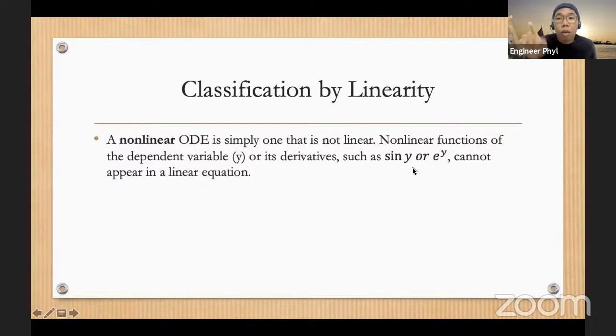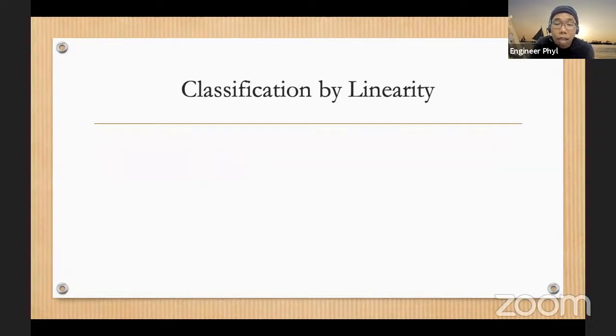So the unknown function is in the form of a trig function or exponential function. But if these nonlinear functions refer to the independent variable, the DE is still said to be linear. Let's have an example to clearly understand the linearity.